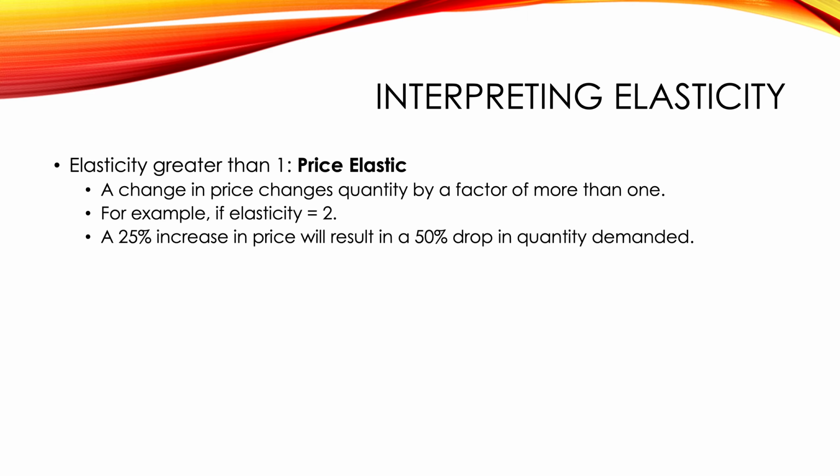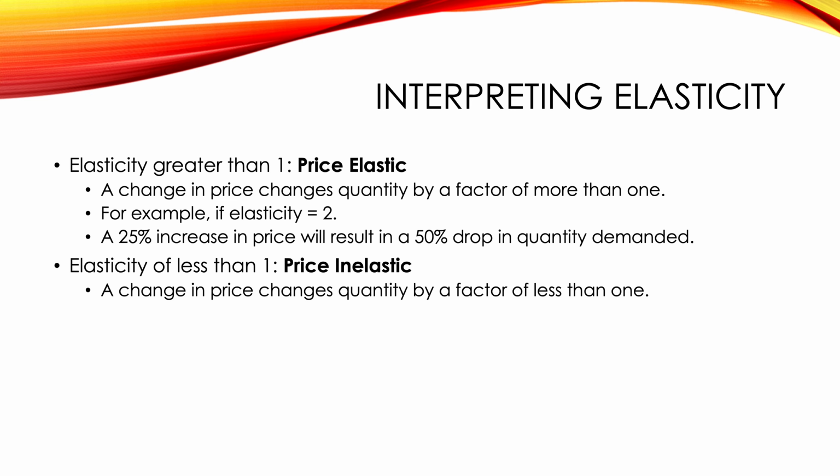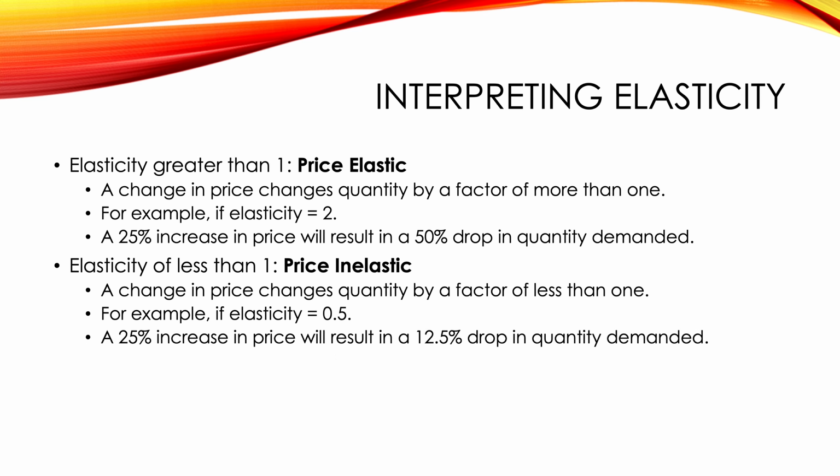If your answer comes out to be less than 1, we would call that good price inelastic. What that means is a change in the price changes the quantity demanded by a factor of less than 1. So for instance, let's say you did your math and elasticity came out to be 0.5. What that would mean would be a 25% increase in the price of a good would result in a 12.5% drop in the quantity demanded.